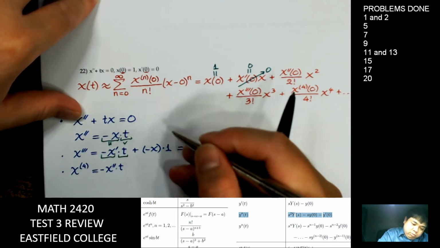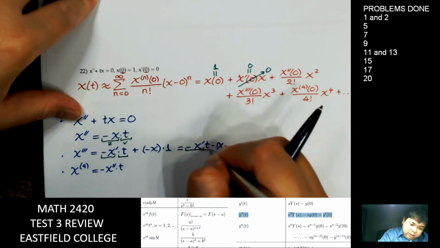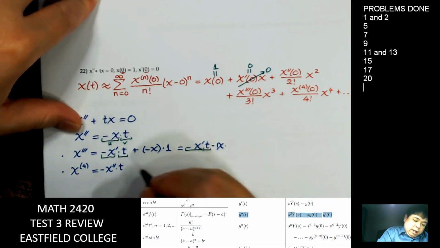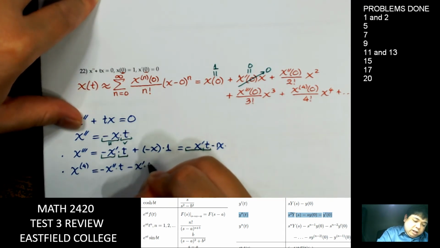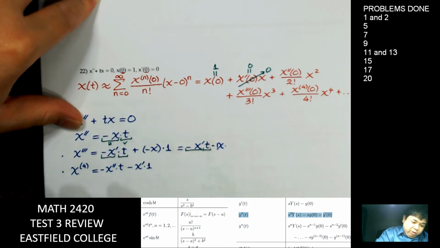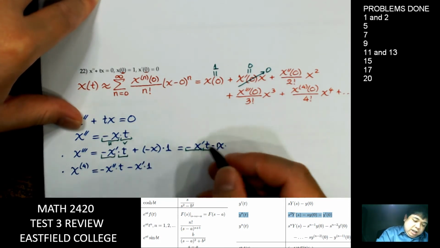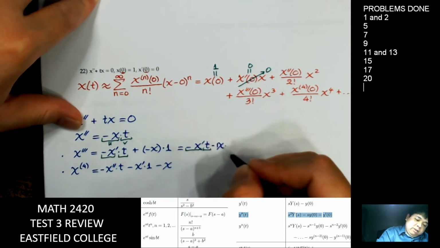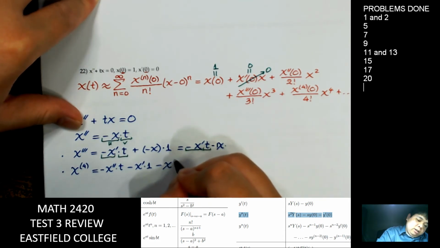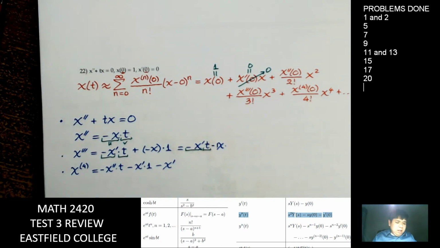Actually, I'm just better to use this one, and then minus the first with the derivative of the second, yes, and then minus the derivative of that. Let's see how we do so far.